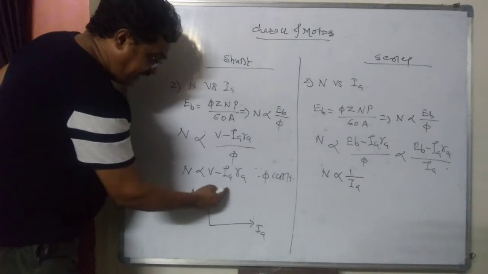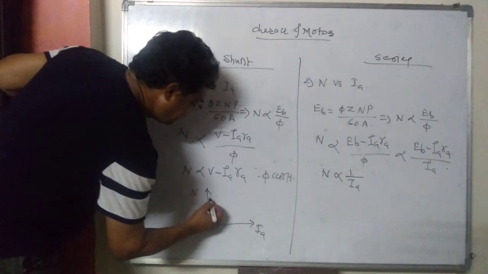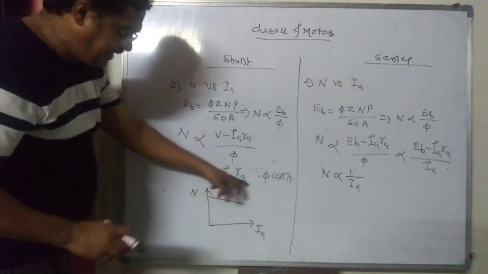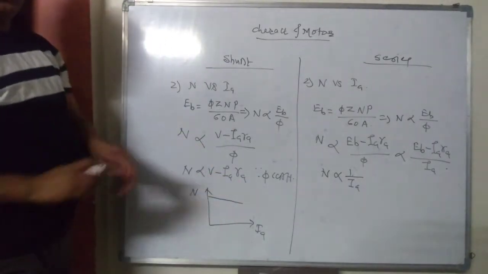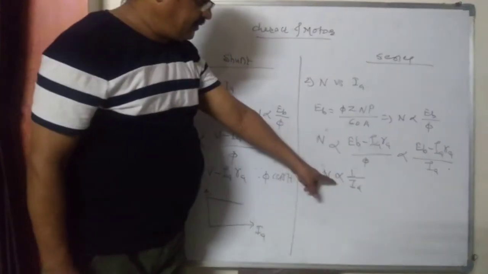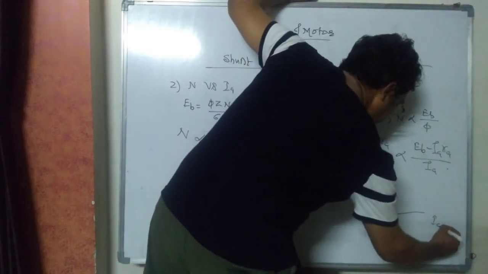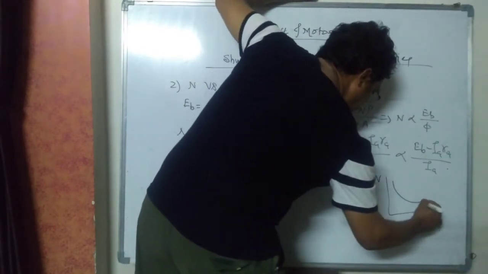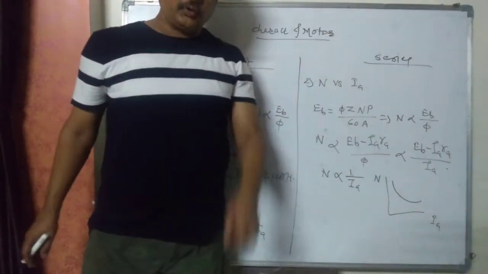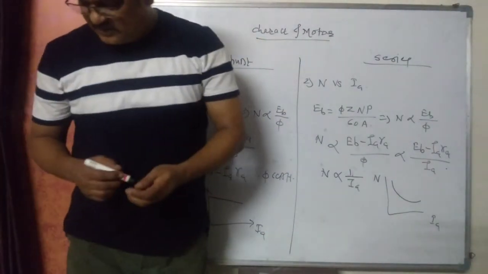The decrease rate is very small, so it is a slightly tilting line. In series motor, N is proportional to 1 upon Ia. N is inversely proportional to Ia, so the characteristics is inversely proportional. Right?